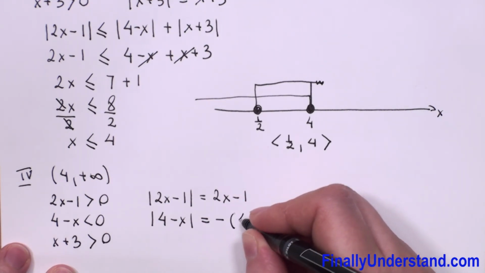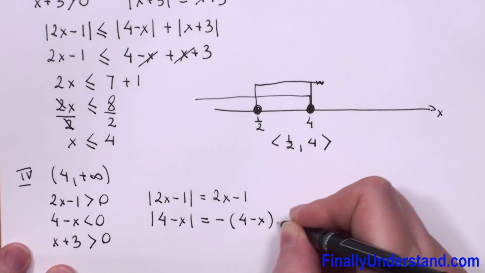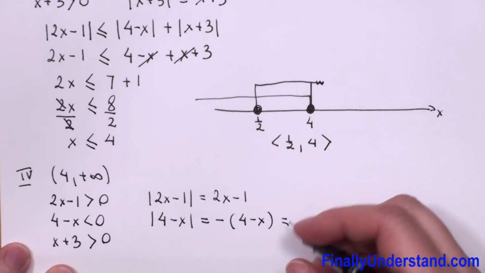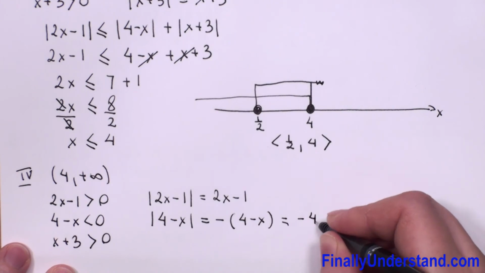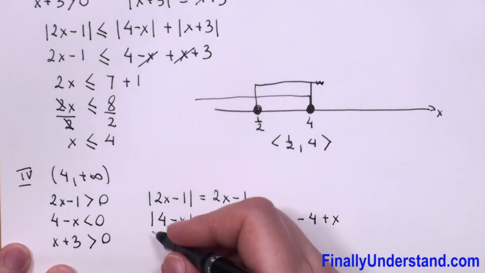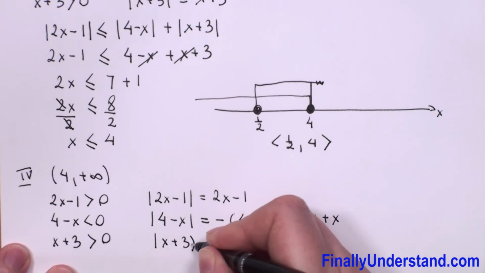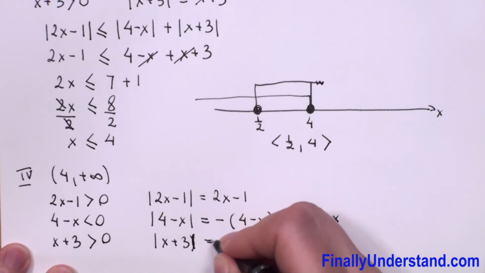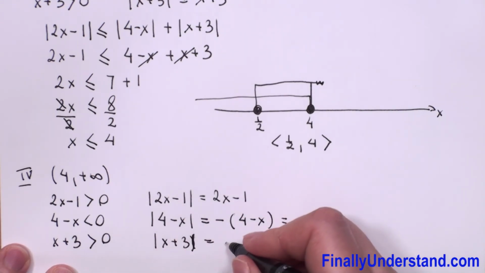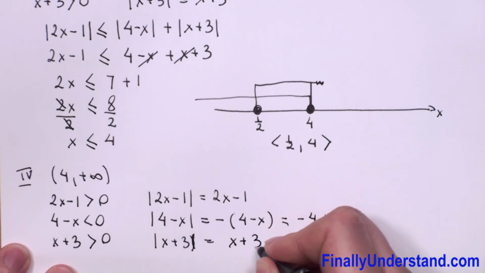So we have 4 minus x, and we have to change the sign, so it will be negative 4 plus x. And for absolute value of x plus 3, we have positive value, it means we have just x plus 3.